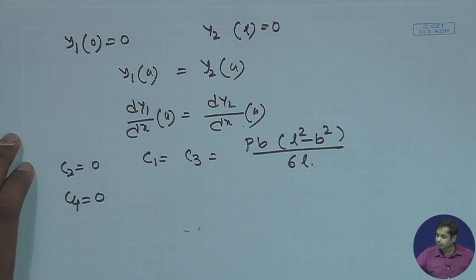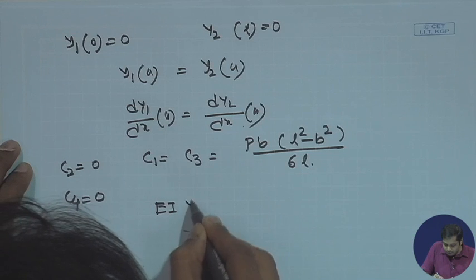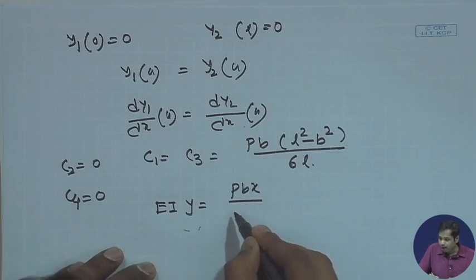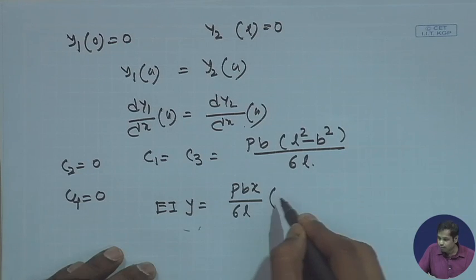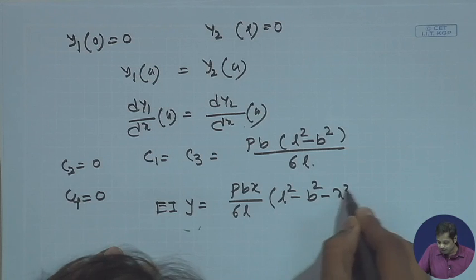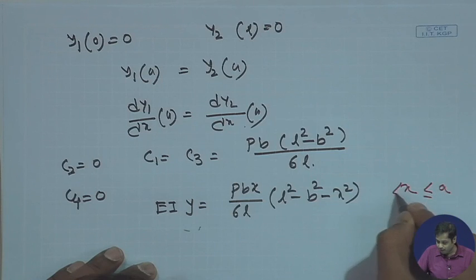So, the final expression you will get is EI y is equal to P b x by 6L times (L square minus b square minus x square), and this is for x less than or equal to a.